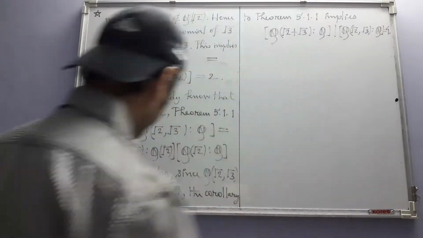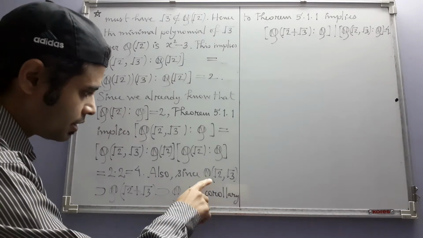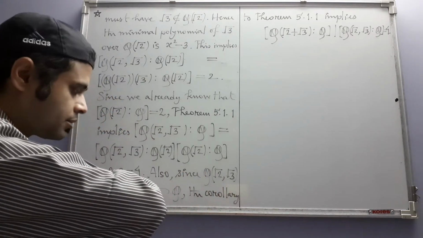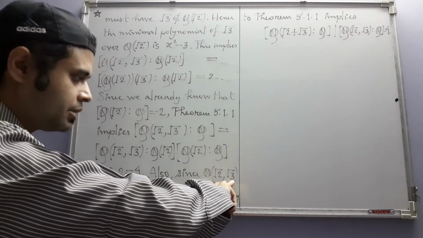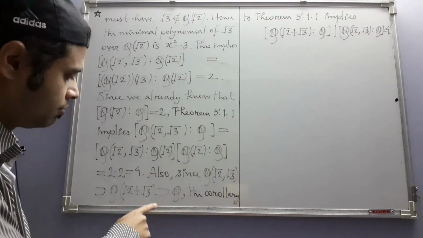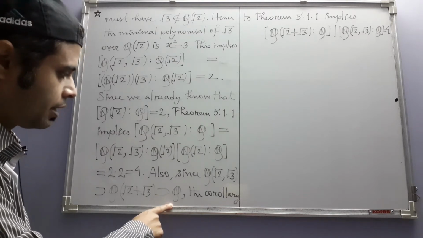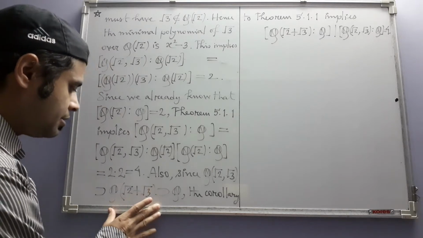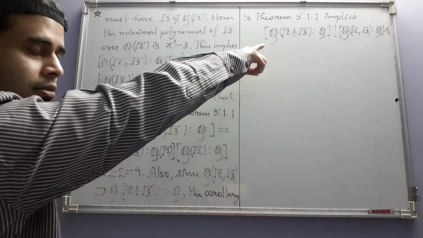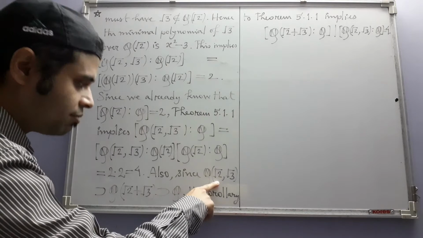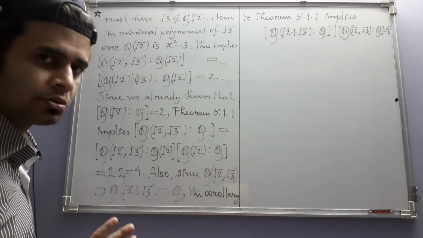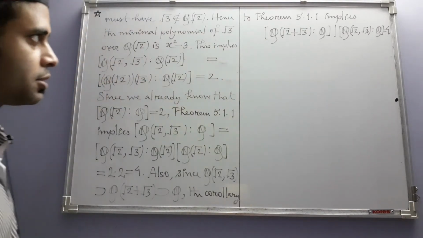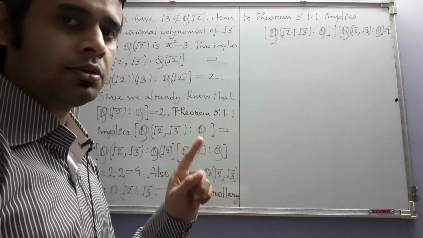And now this means what? It means that as a vector space, Q(√2 plus √3) is a subspace of Q(√2, √3) over Q. And so by the corollary to Theorem 5.11, its dimension over Q, which is this degree, will divide the dimension of the larger one over Q, which is that degree, and this is 4. So the possible values of this are 1, 2 and 4.